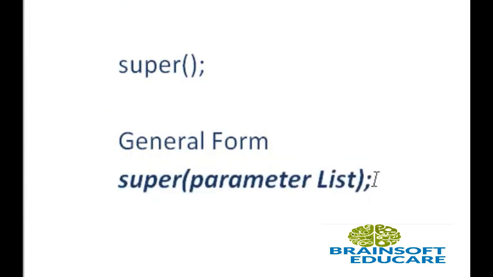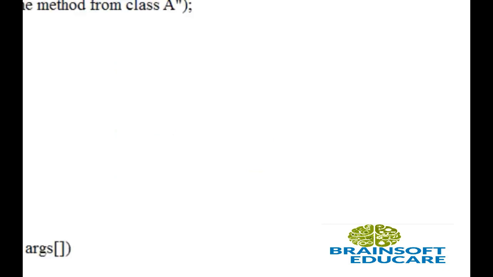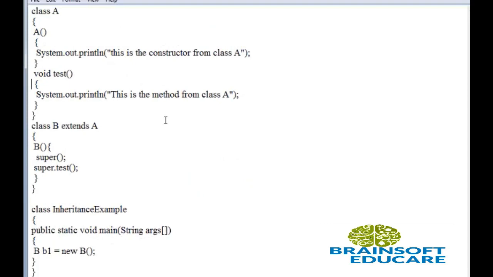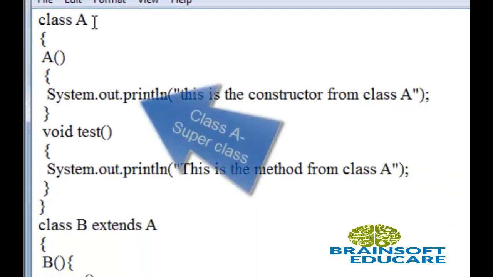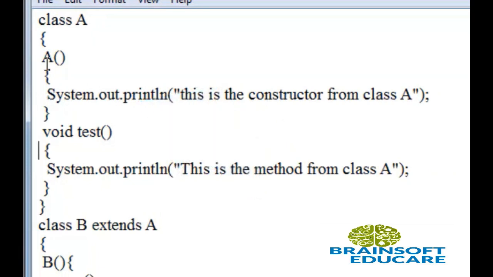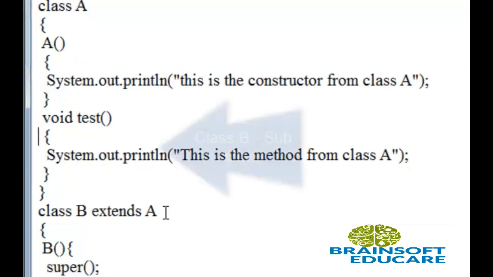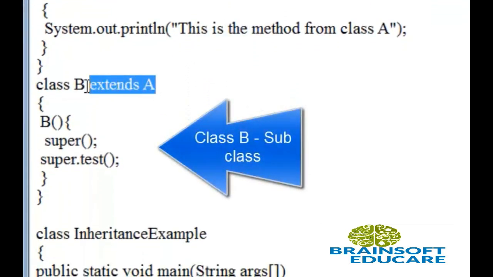Now let's check the program. This is an example of inheritance. Here we have the class named A and we have a constructor also. We have a test method in class A. Now this is class B, which is the subclass, and class A is the superclass.